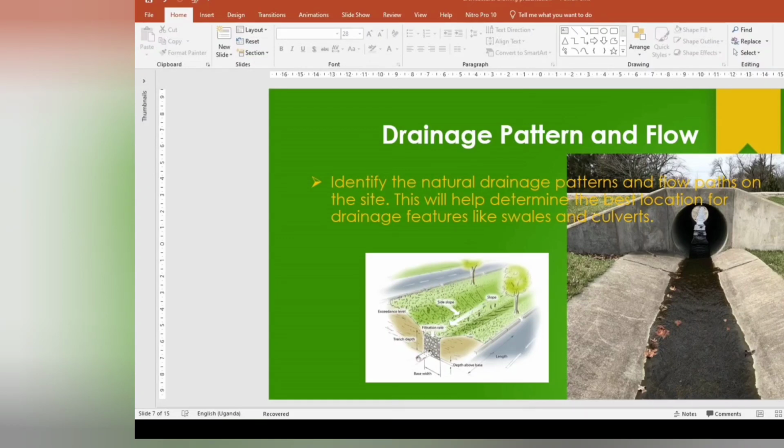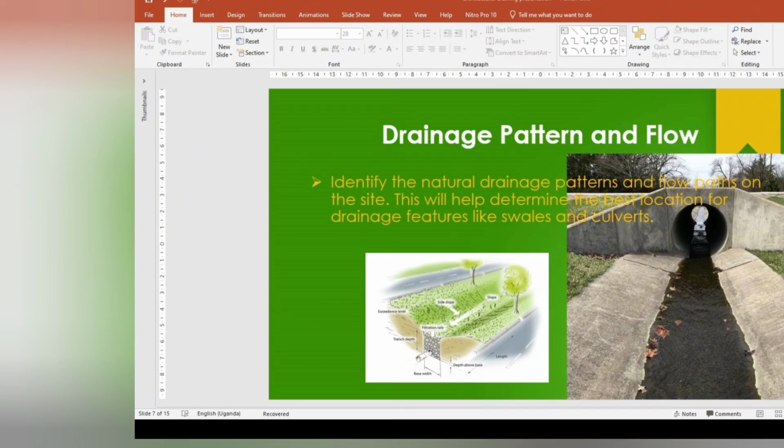So those leaves keep on collecting and accumulating in the gutters, which may cause blockage of the downspout, meaning time will come that when it rains, the rainfall water will not run off down the drains because the downspout is blocked.